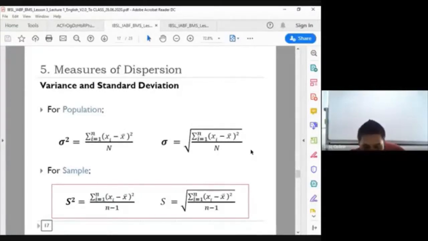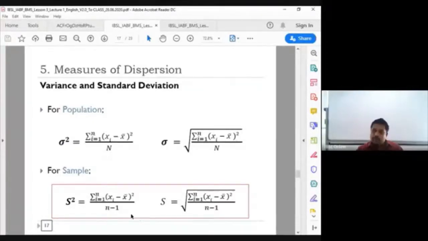Sorry, I have highlighted in red here. This would be the most popular equation we'll be using throughout the questions and examinations, where the variance and standard deviation for a sample are defined by these two equations.